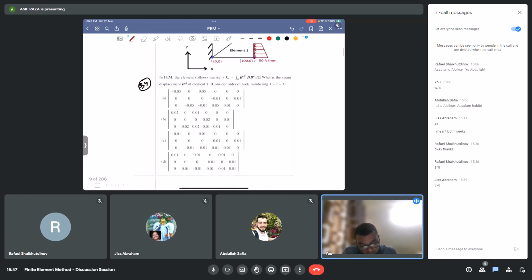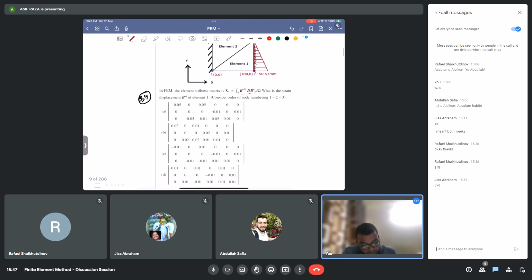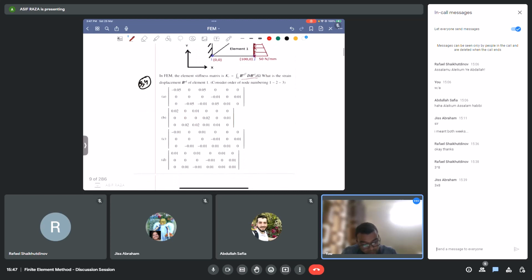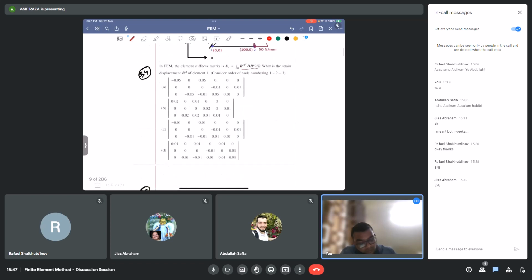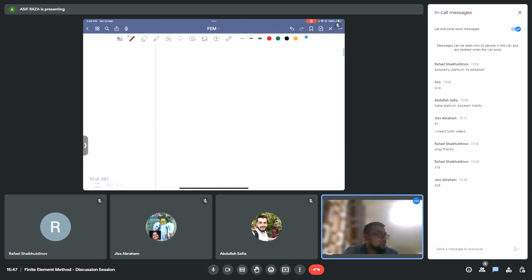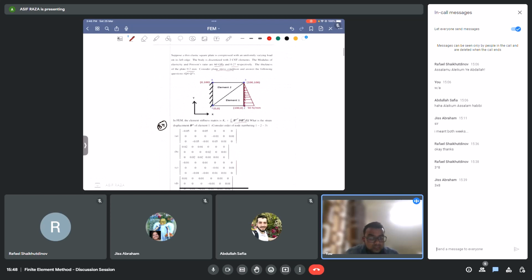In FEM, the element stiffness matrix is the integral of B transpose D B over the volume. What is the strain displacement matrix of element 1? Consider the order of node numbering 1, 2, 3. So let's see if anyone wants to say how we will proceed, or I'll just start then.